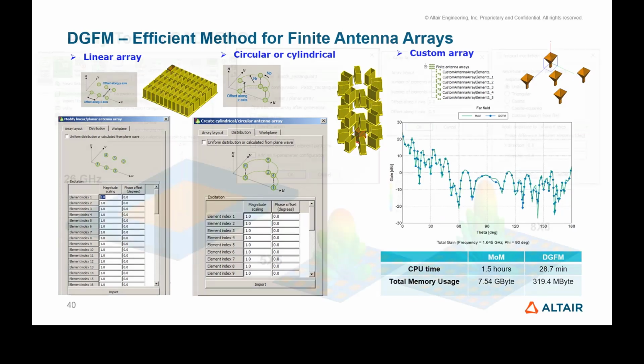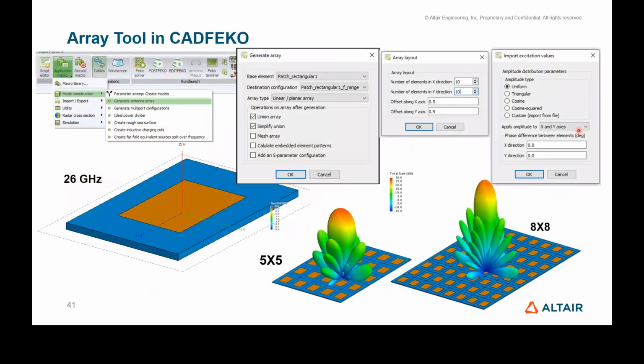Recently, of course, there are other ways to take the full thing into account and compute the finite array. We introduced a script in Feko called Generate Antenna Array, where you can pick a single element and choose, say, 5 by 10 by 10 elements in the array, and of course the offset of those elements.